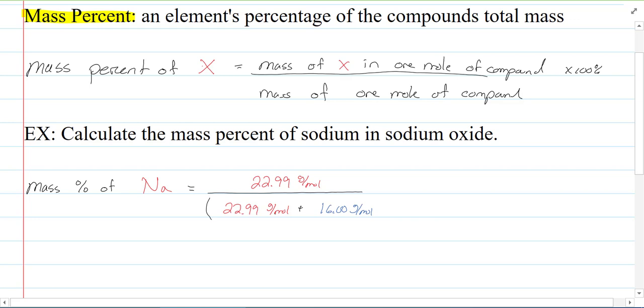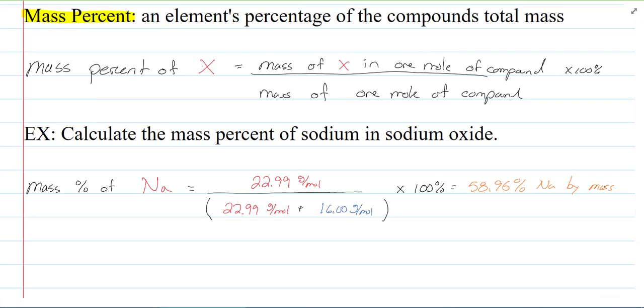Add those and multiply by 100%. If we do that math, I get 58.96, four sig figs, so 58.96% Na by mass. That looks beautiful, and everything mathematically we did right there.